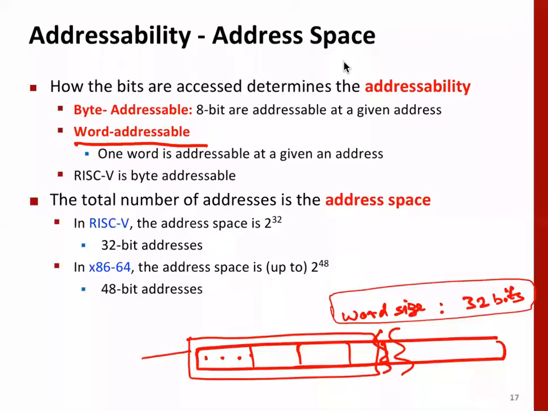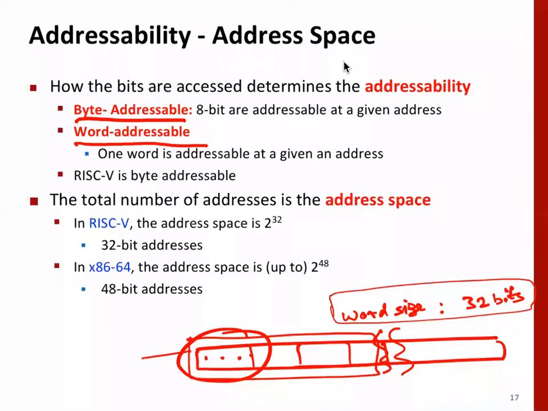Now, the word size could be anything, because word size means the manipulation that is happening, and register size is something else. But for reading from memory, the minimum amount of data that you can read is 1 byte, which is called byte addressable. That doesn't mean the addressing corresponds to a byte.